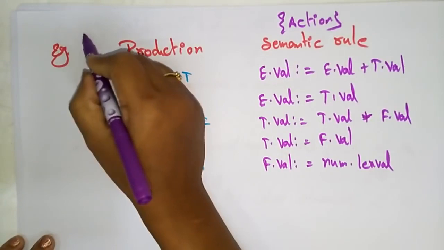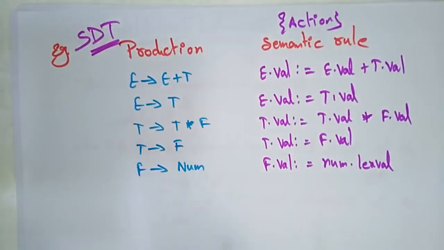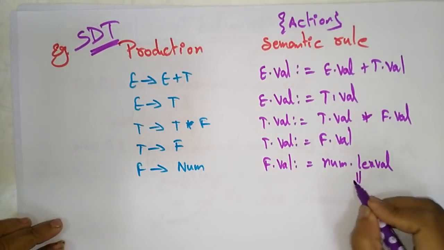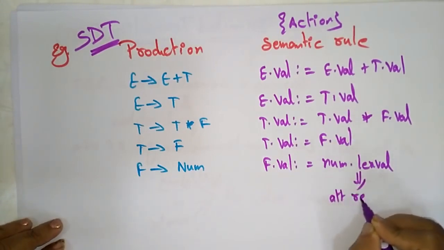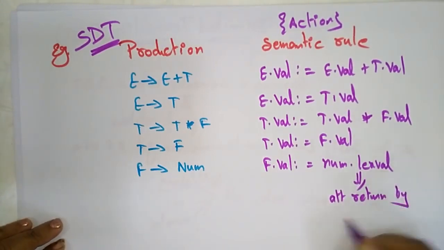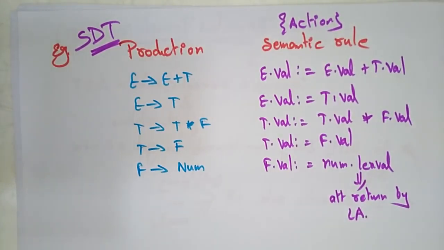So this is the example for SDT, syntax directed translation. Here the num value is an attribute returned by the lexical analyzer.